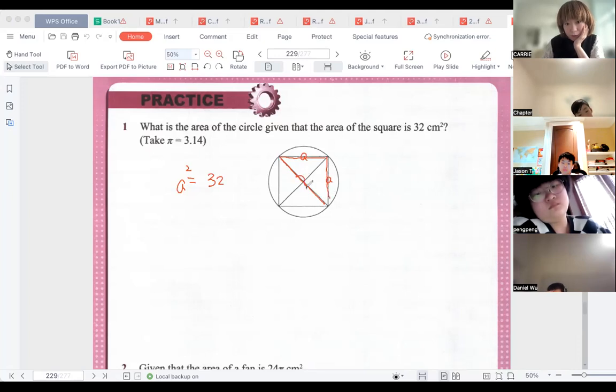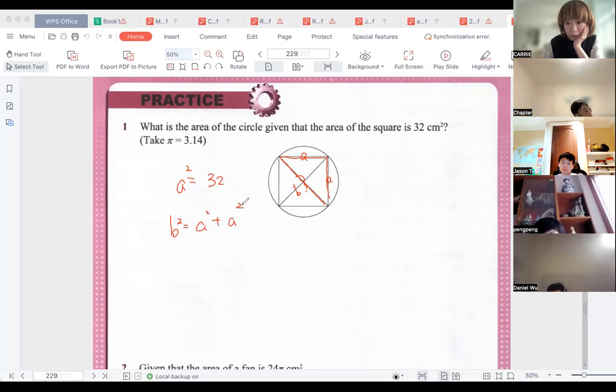In order to find this one, we named it B. So B squared equals A squared plus A squared, correct? So B squared equals 32 plus 32 equals 64. So B equals 8. If B equals 8, this is 4, this is 4.